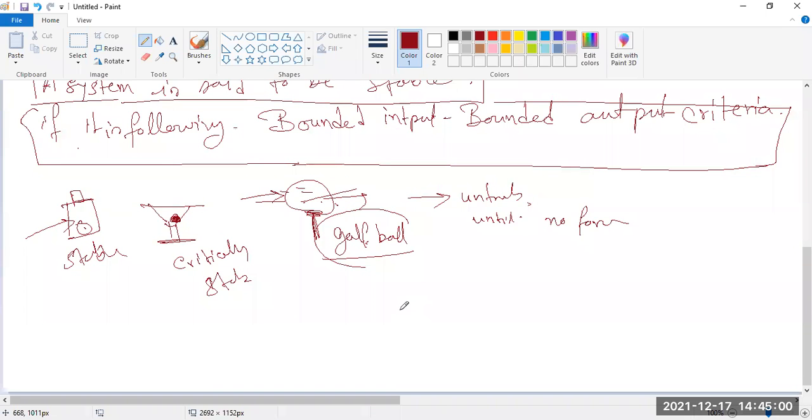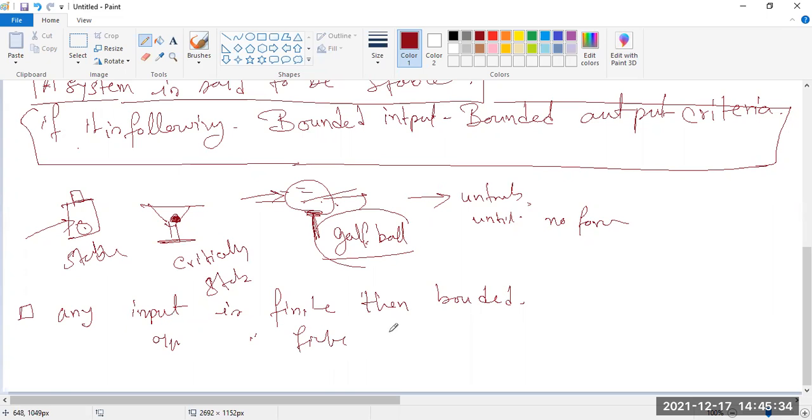And guys, we can also write down: if any input is finite, then it is bounded. If any output is finite, then it is also bounded. So what is this?